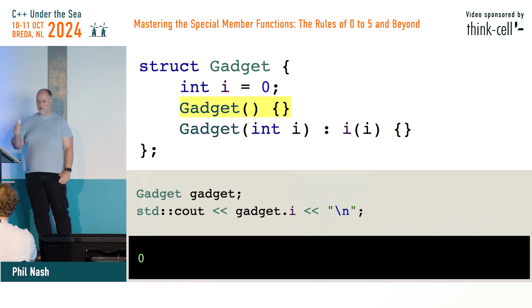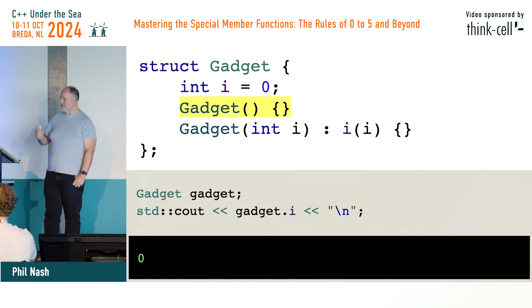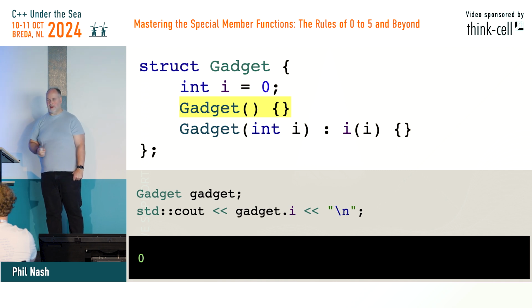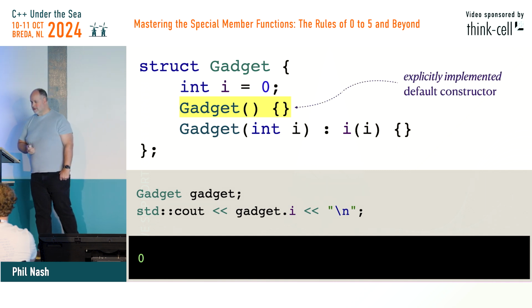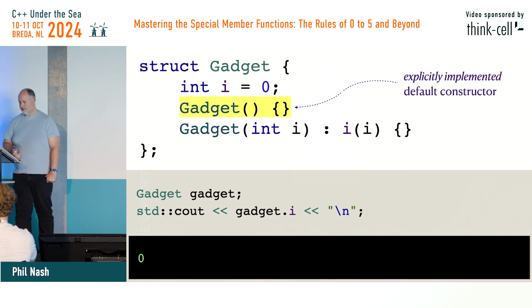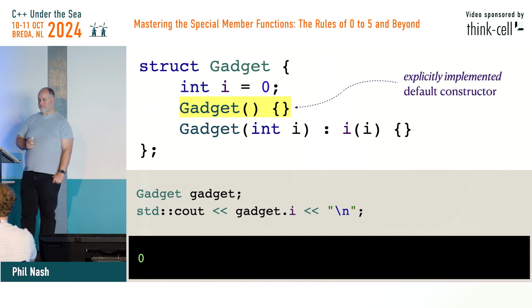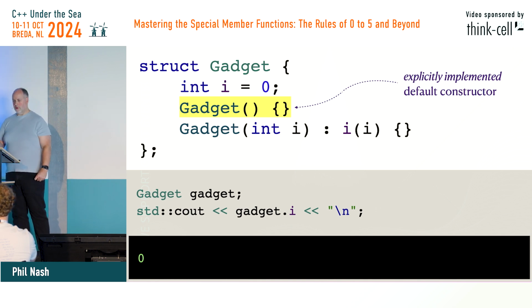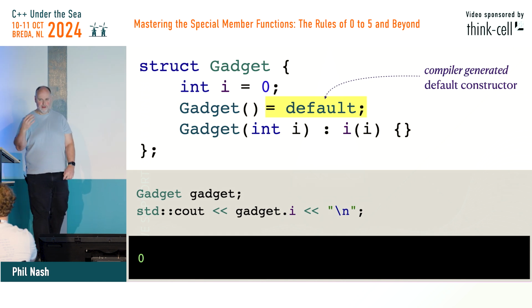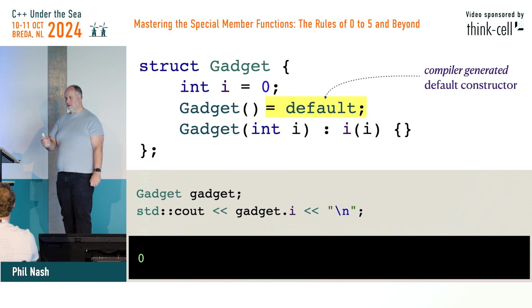No problem. If we wanted it, well, we can write it ourselves explicitly. And we might do it this way, and this would work, at least if we've got that inline initializer. But this is an example of an explicitly implemented default constructor, again. But actually, that's not necessarily what we want. This behaves the right way for now, but the recommended way to get back what the compiler would have generated, if it could have done, is to use equals default.